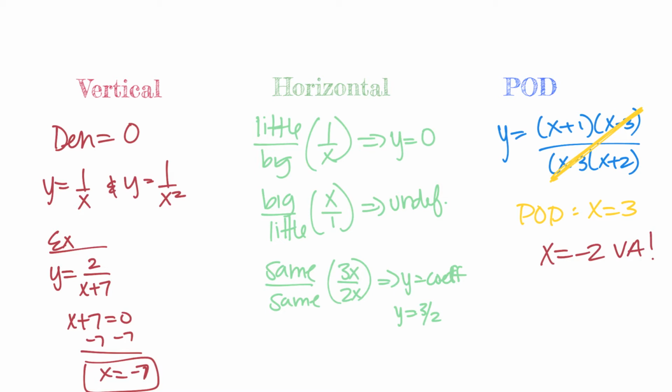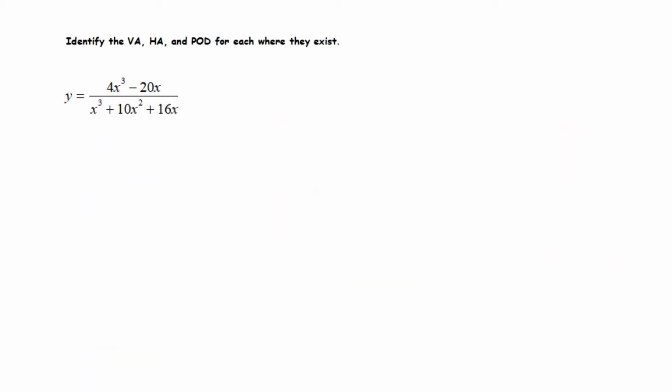So let's take a look at some example problems. It says for us to identify the VA, HA, and POD, so vertical asymptote, horizontal asymptote, and point of discontinuity. So before we can really do VA and POD, we have to factor, but we can go ahead and find our horizontal asymptote because that's based off the degree of the numerator and the denominator.